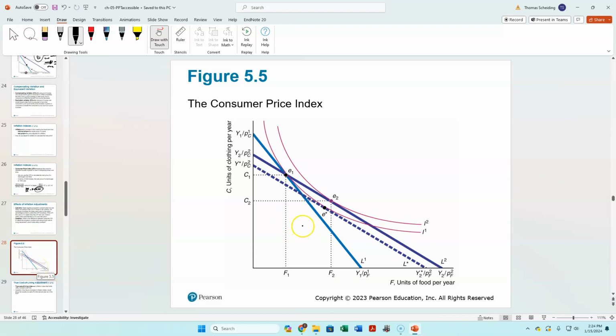But how can we understand that graphically? Well, as the price of food changes, it changes my budget. In this case, my food is changing in price as well as my clothing.